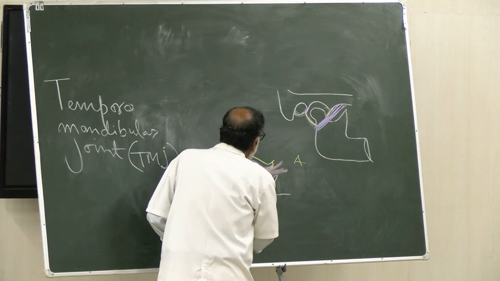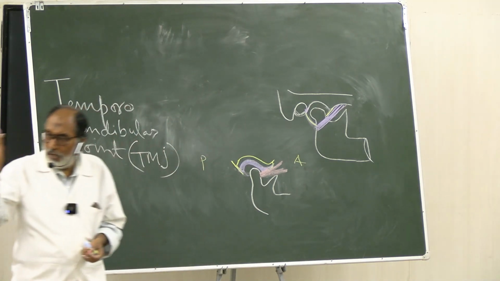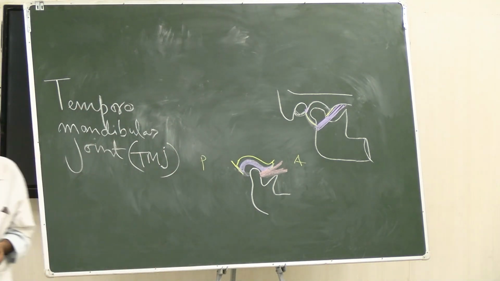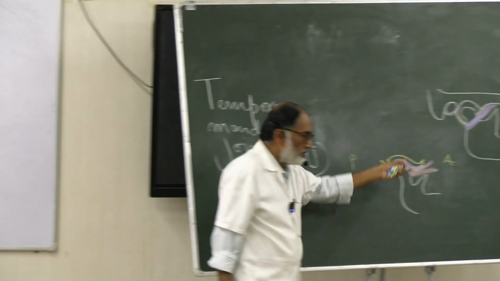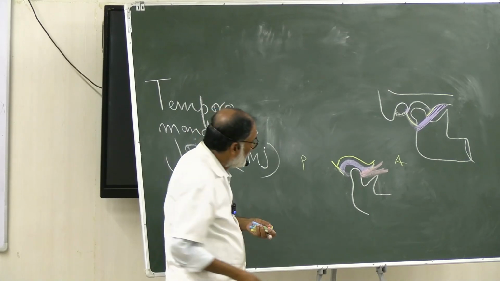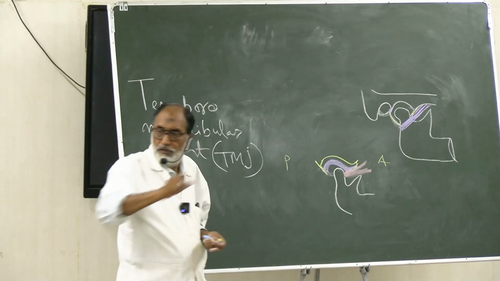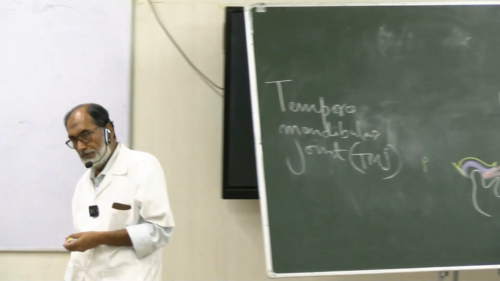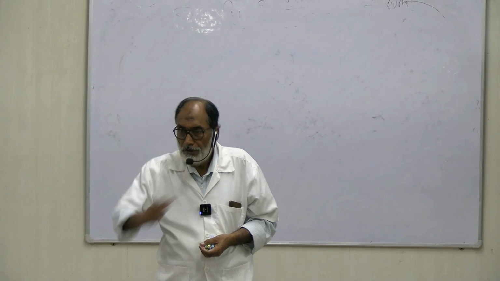Lateral pterygoid muscle is attached anteriorly to the neck of the mandible. On the anterior aspect of the neck of the mandible, there is a fossa. There it is inserted. It is coming from the anterior aspect, right? So if it contracts, what will happen? It will move forward.